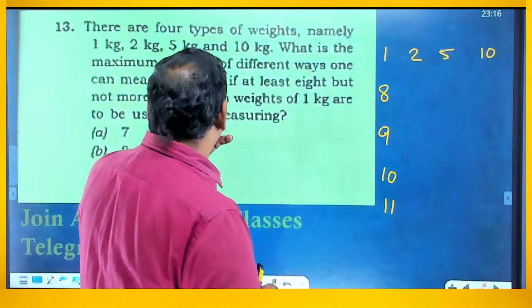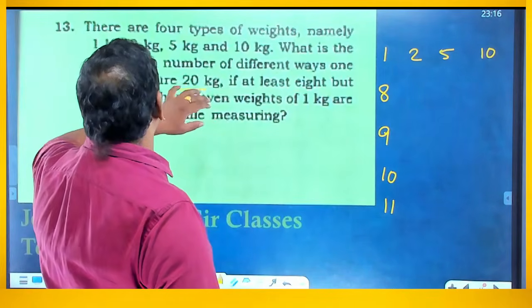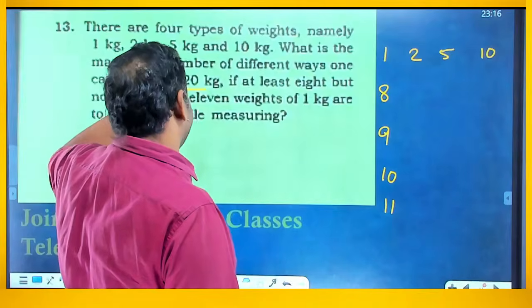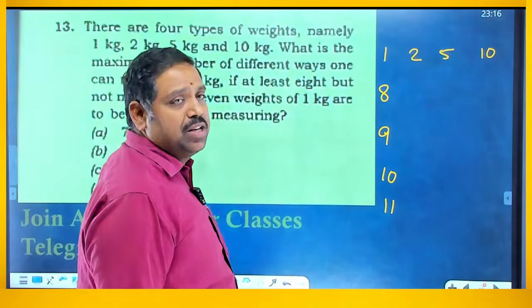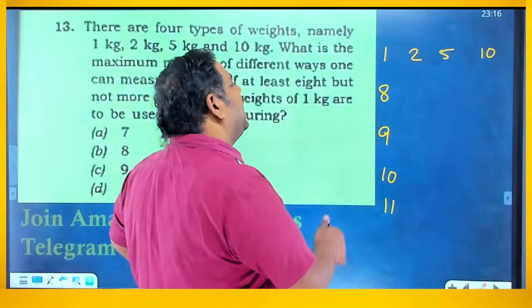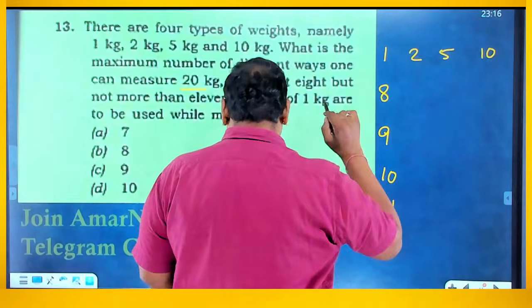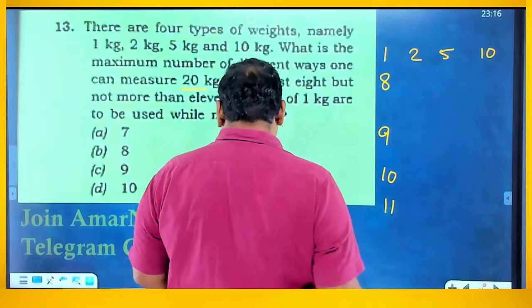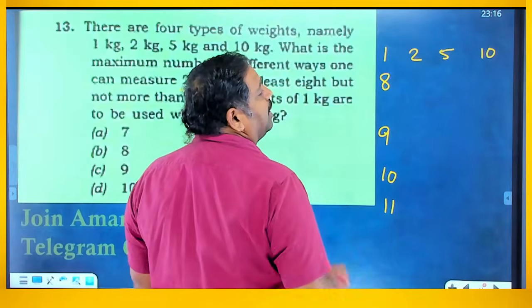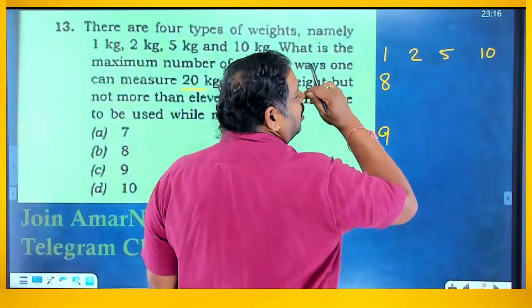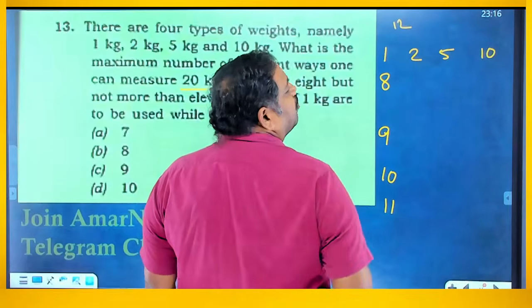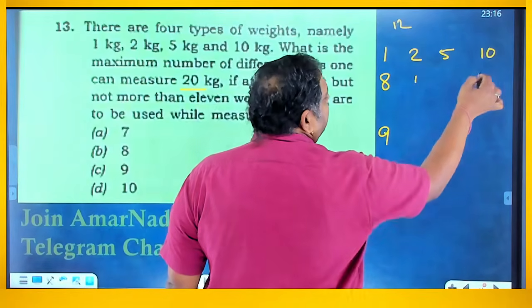Okay, good. So he is asking what is the maximum number of different ways one can measure 20 kg? I want to measure 20 kg, right? When I use 8 of 1 kg, 8 is completed, so 12 kgs are pending. To get to 12 kgs, I can use this one, this one.